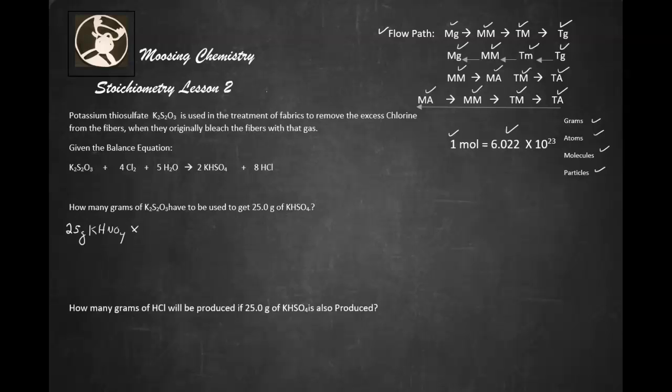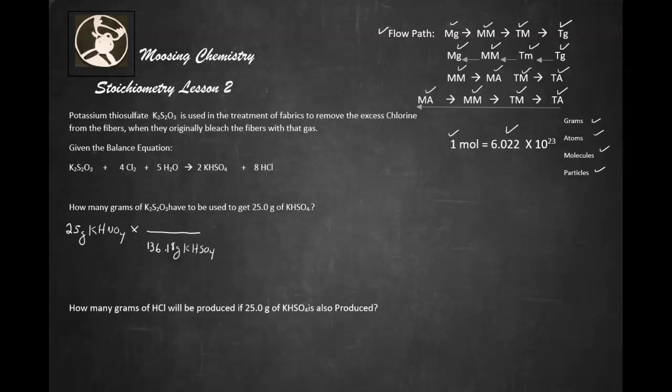So what we're going to do is we're going to put a number down here. And this number is going to be 136.18 grams of KHSO4. Now, where did that number come from?